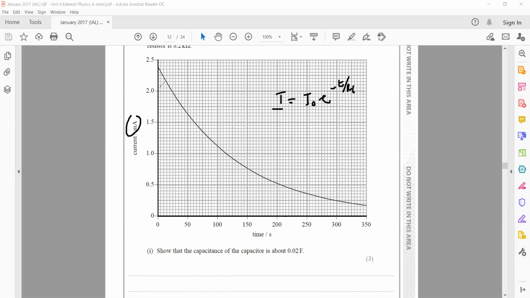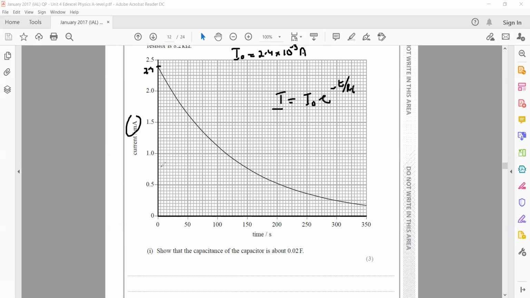So what's the answer here? This looks 2.4. So 2.4 milliampere. So maximum current or I naught is 2.4 into 10 to the power minus 3 ampere. Then what is I? I is the current after certain time interval. So it's up to you.